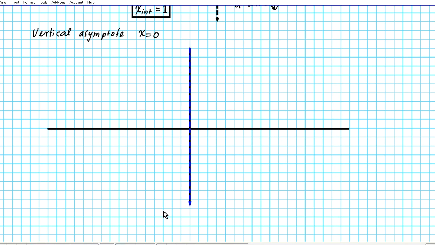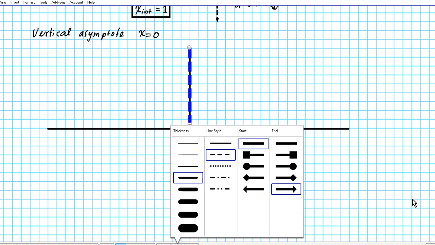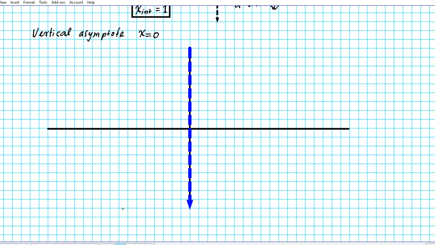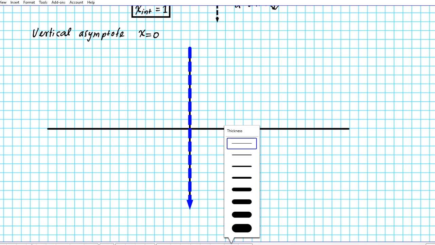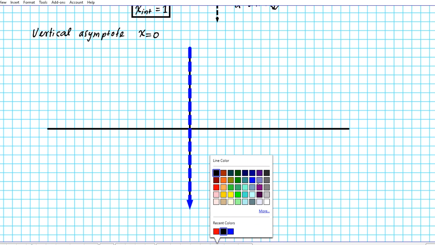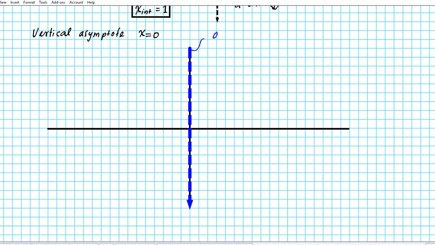Let's make it a little bit thicker so you can see that, and let's label it. This line we just drew is our original vertical asymptote. It's not the final one, it's the original vertical asymptote.